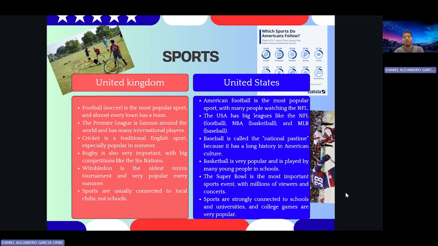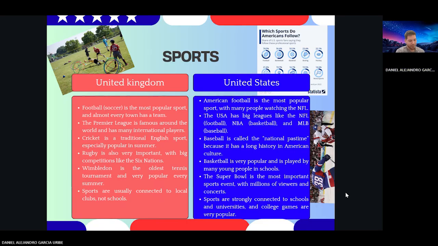Also in the United States, the Super Bowl is the most important sport event with millions of viewers and concerts. And sports are strongly connected to schools and universities, and college games are very popular.